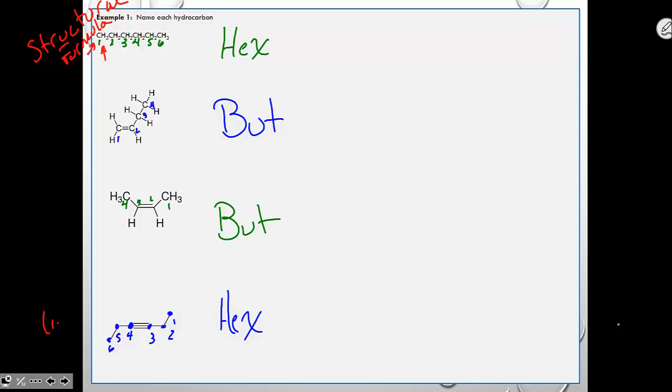Example D is an example of a line formula, which usually uses peaks to denote different carbons. Example B and C are simply different representations of the two. Again, this is far more complicated in reality than this brief overview, but that's good enough to get you through at this point.